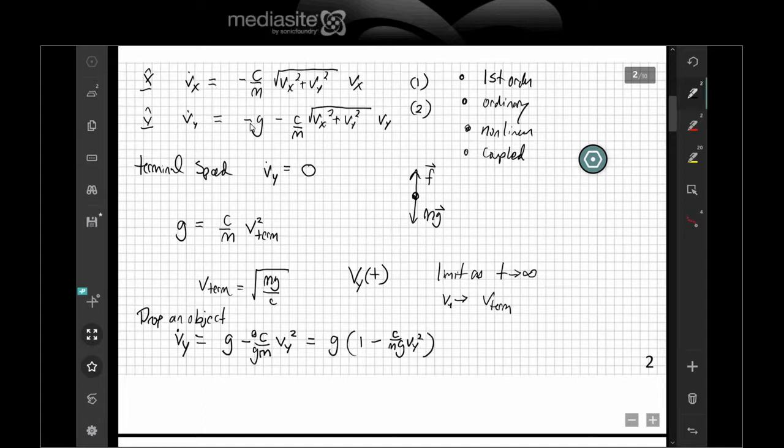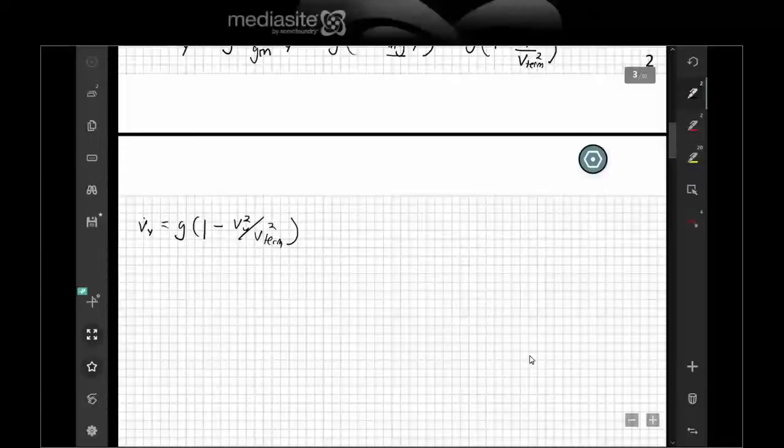Now, notice that mg divided by c is V term squared from this equation here. So I can write this as g times 1 minus V squared divided by V term squared. That's cool. Now we have everything in terms of nice physical units, the terminal velocity. So this is the equation I have here.